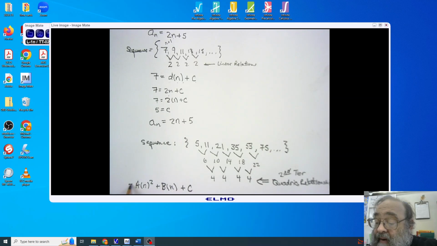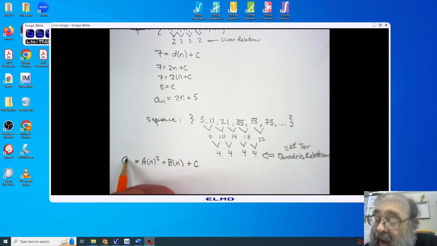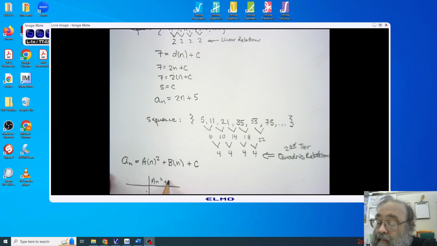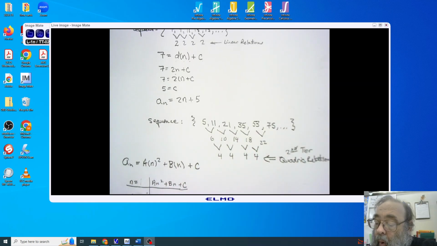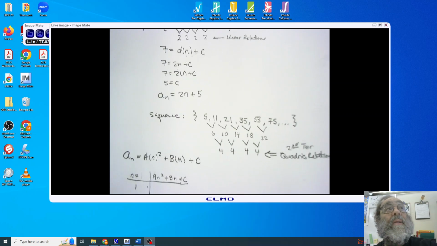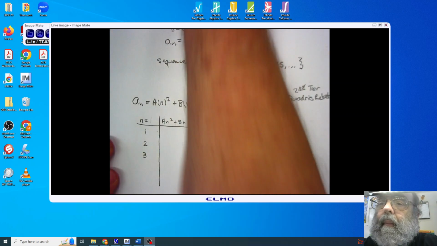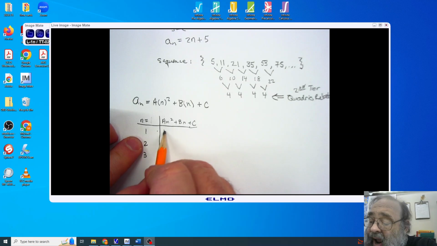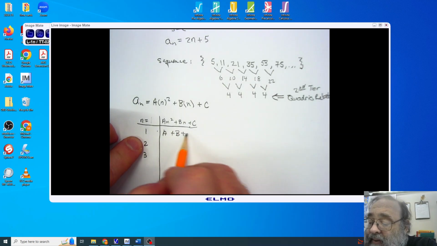Now, this is what gave us those a sub n's. And if I were to make a table of values where I have a n squared plus b n plus c, and I have n equaling 1, 2, 3, and so forth, what I can now do is plug in that 1 for n and say that I have a plus b plus c.